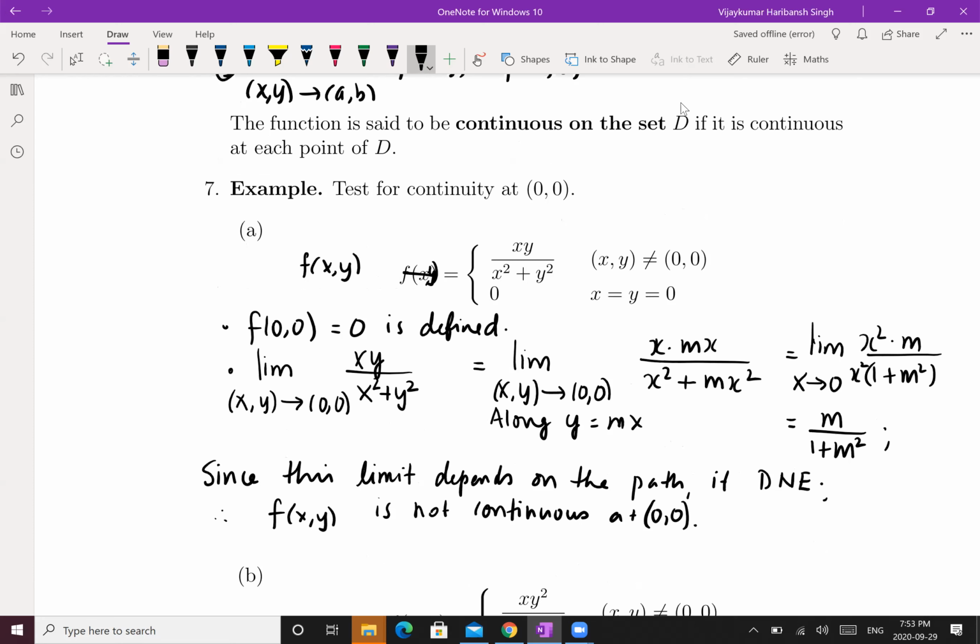Now I would like you to think about this: in calculus 1 we had the direct substitution property for the limit. Do those apply here? Under what circumstances do they apply? Okay, that's an interesting thought.